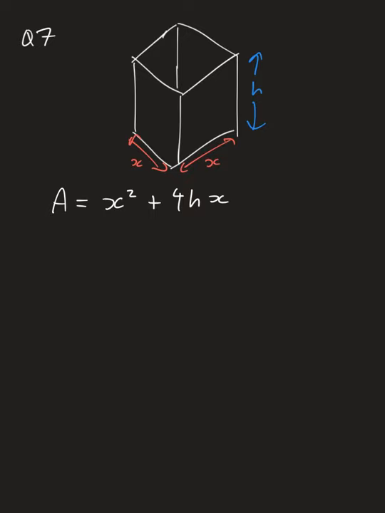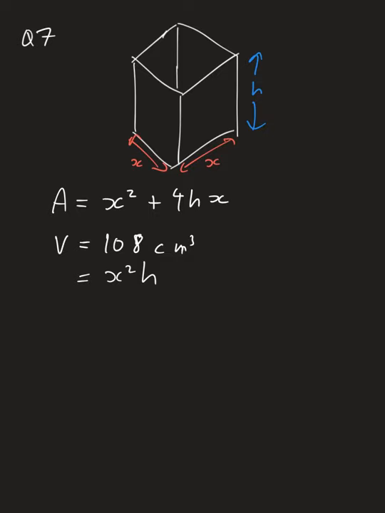So to do that, I'll use my constraint on the volume to get a relationship between x and h. I'm told that the volume is equal to 108 centimeters cubed. In terms of x and h, that's x squared h.